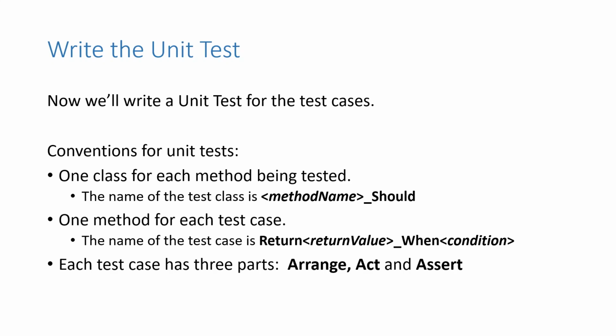In this case, it's find anvil price, I think. And then one method for each test case. So the name of a test case would be something like return 80 when quantity is 1. Each test case is given three parts: arrange, act, and assert. Practitioners of test-driven development expect to see these three segments of each test.